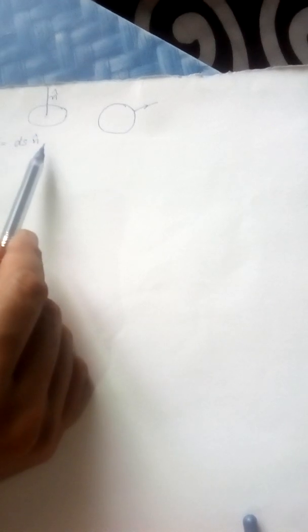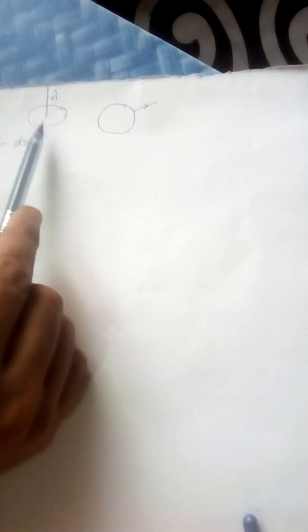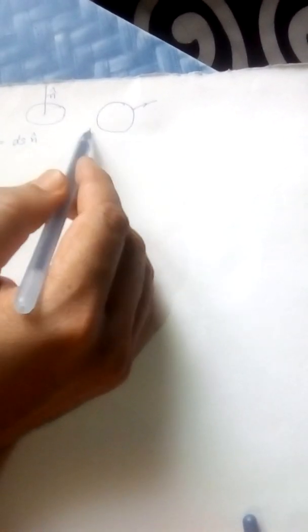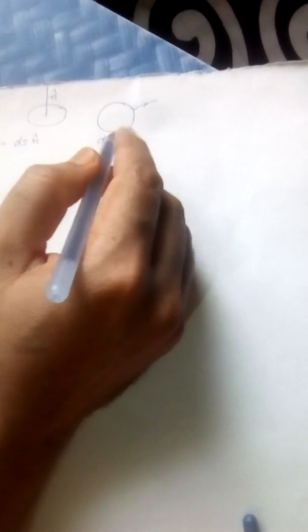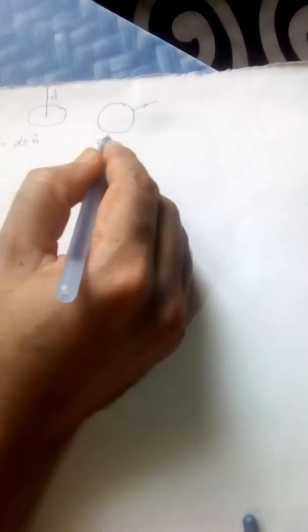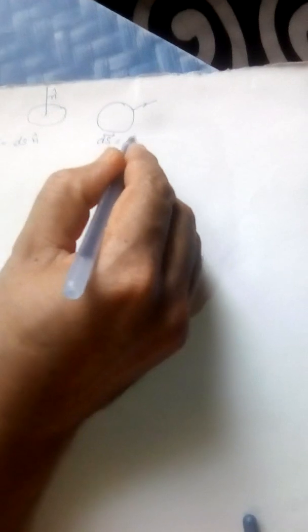So minus n cap denotes that you are taking the opposite direction. But when we discuss the closed surface in Gauss law, you have to take only one direction of the vector, that is the outward normal. So in this case also you have to write the area vector like this.